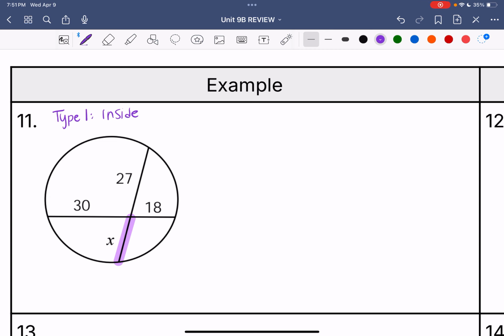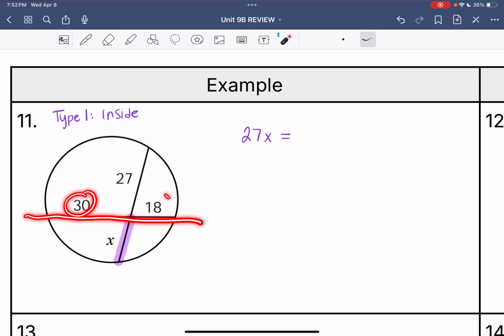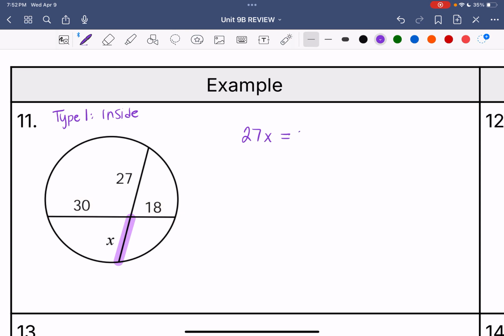So the rule here is you take two pieces of the same line. So this is all one giant line. You multiply them. So 27 times x. And that has to equal the product of the two pieces of the other line. So 30 and 18. We're going to multiply those.